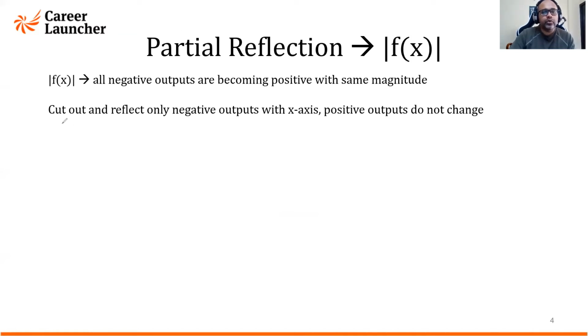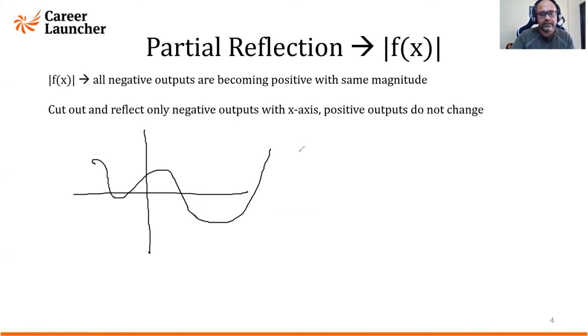Basically, the step is to keep the upper part. Let's say this is my entire graph, my f of x. If I want to find mod f of x, look, modulus will not come into effect as long as things are positive.